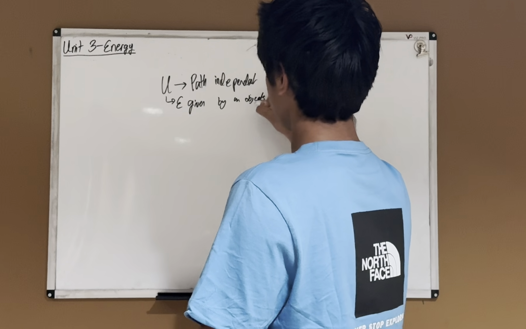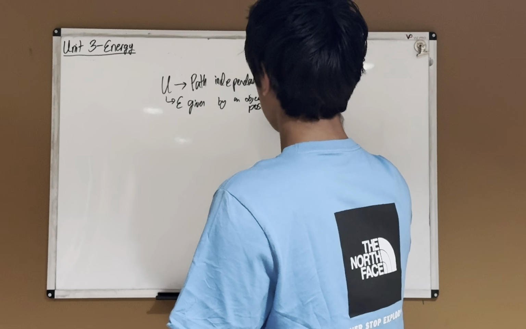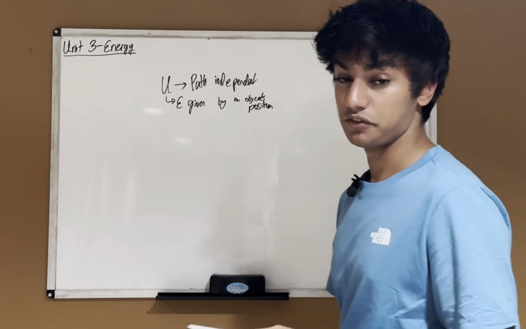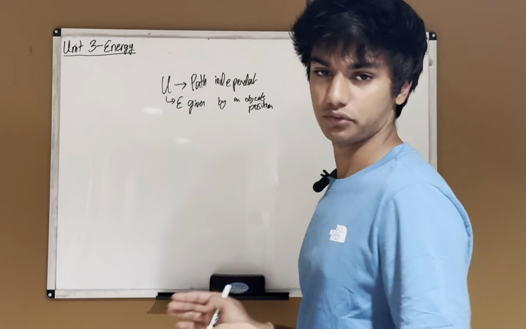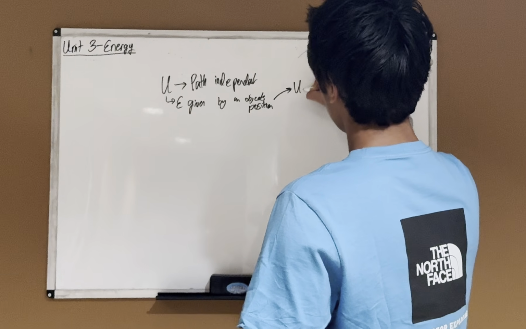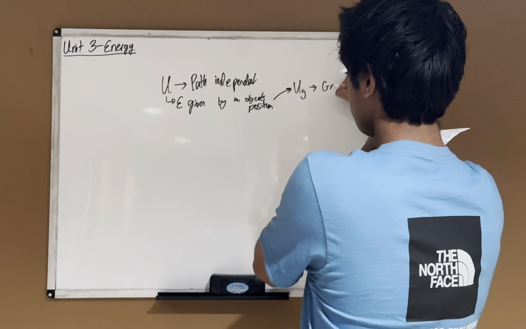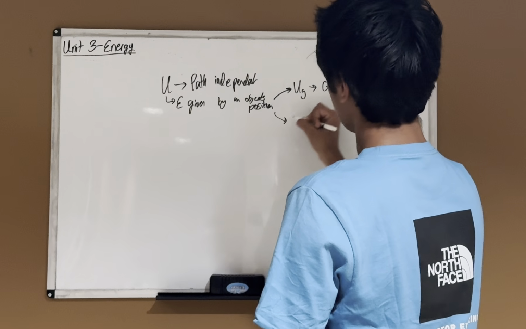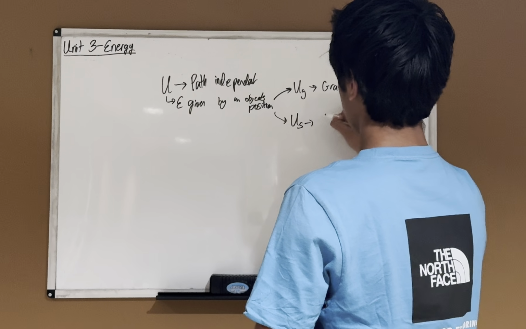Based on the object's position, it has a certain amount of energy, given by the symbol U. There are many types, but the two you need to know for AP Physics 1 are U_G, which is gravitational potential energy, and U_S, which is spring potential energy.